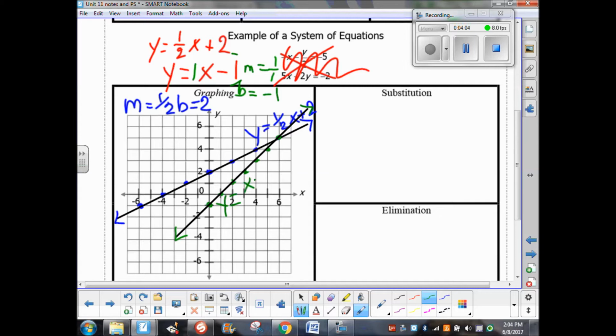And make sure you label it. And then what's the solution?